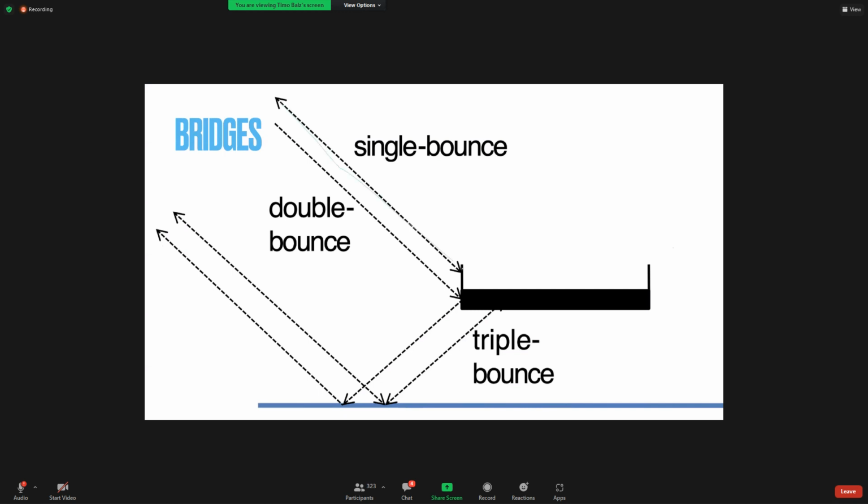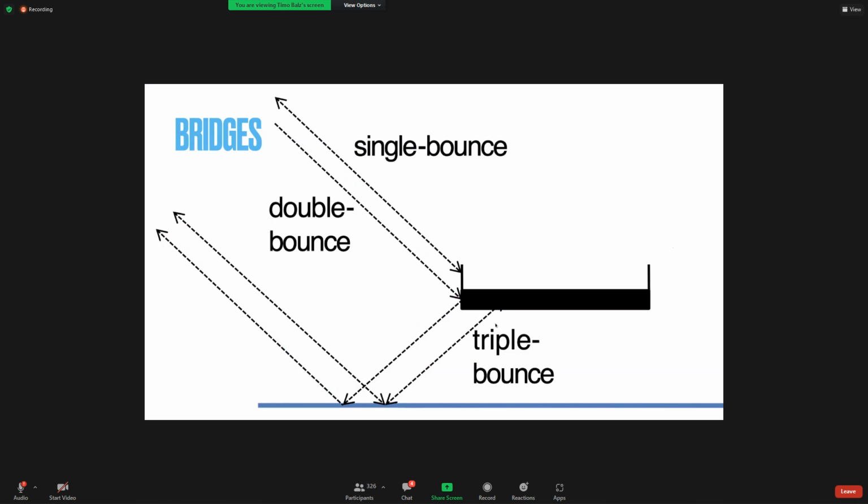The single bounce would be the fastest, because it goes there and back. If you just measure distances, it's the shortest. The double bounce goes there, there, there. It's a little bit longer. And the triple bounce for sure is even longer, the distance is even longer.